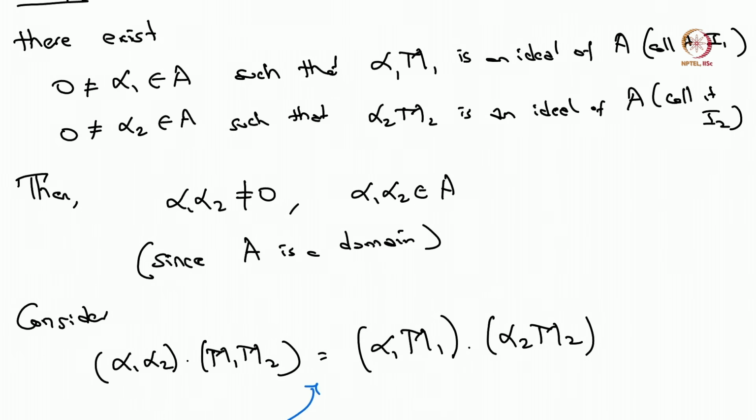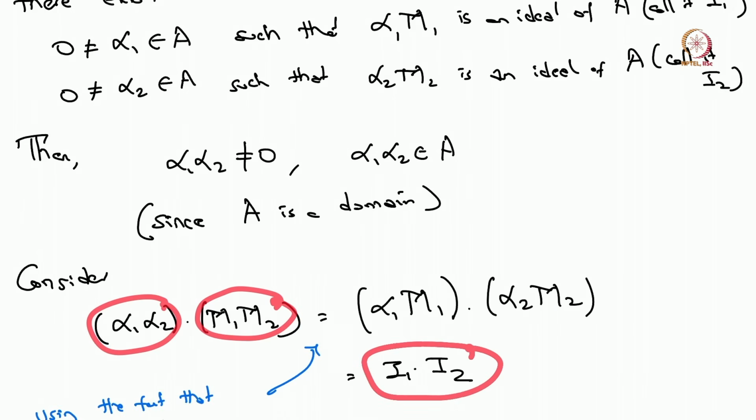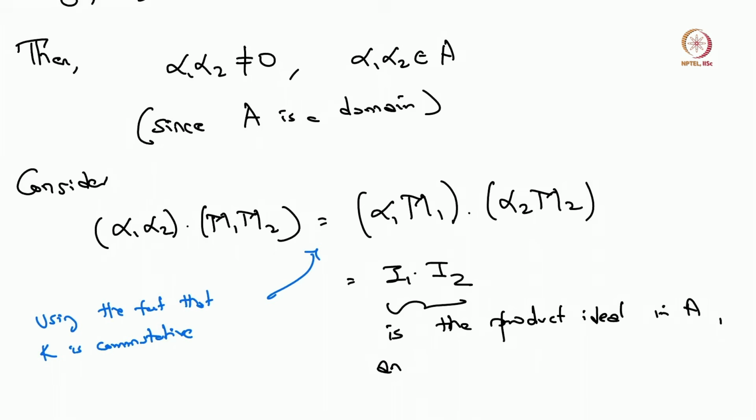And so alpha 1 times M1 is what we called the ideal I1, and alpha 2 times M2 is what we called I2. So this product is nothing but I1 times I2. So we see that when you multiply M1 M2 with the scalar alpha 1 alpha 2, you get the product ideal in A, and hence it is an A ideal. Okay, so this proves the lemma.